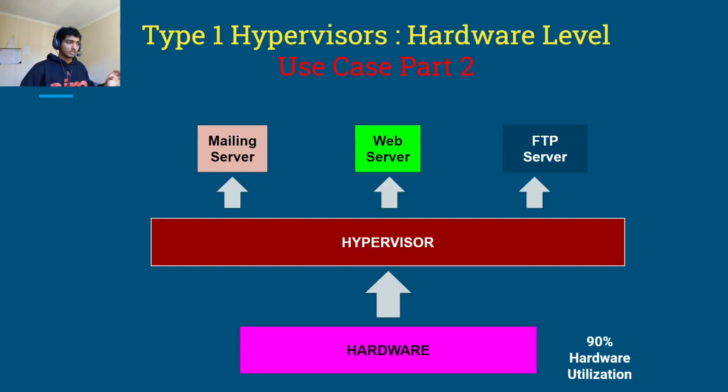What that does is reduce your opportunity cost, because you're then using 90% of the machine itself, because everything is abstracted, right? And these servers run in different spaces within the computer, totally separate from each other, but they're using the same computer at an underlying level, right?